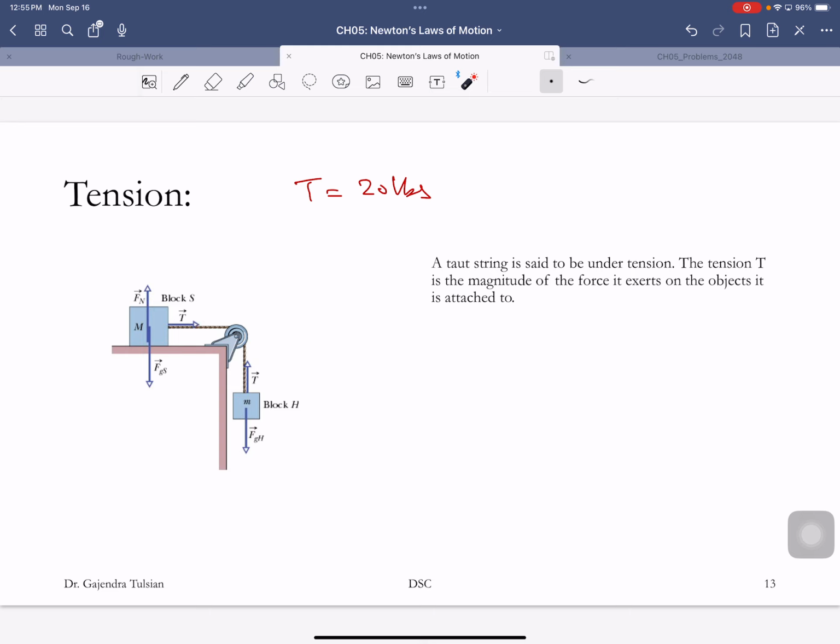So what the string is trying to do is pull this guy in that direction and this guy in that direction. And so when we say the string is under a tension of 20 pounds, what this string does is it pulls this object with a force of 20 pounds in that direction and this guy with a force of 20 pounds in this direction. So that's what the tension in the string means.